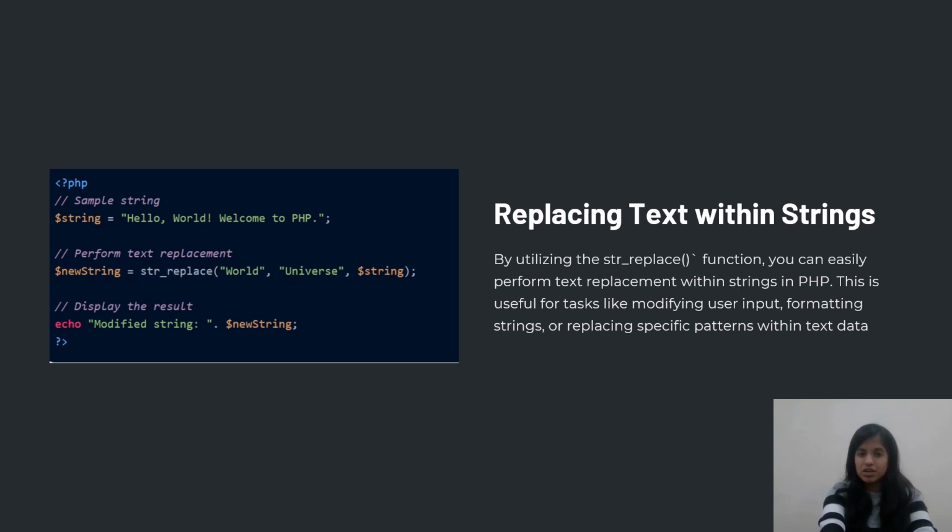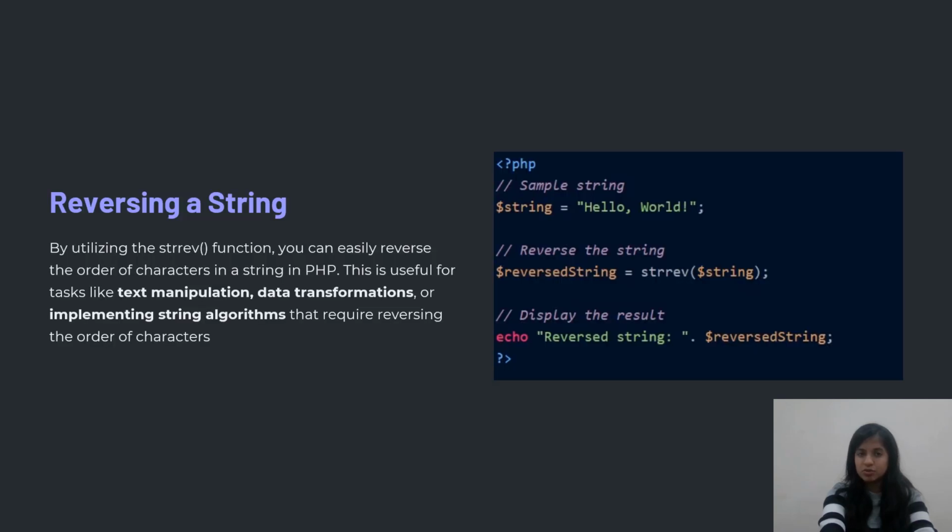I hope you are getting my points, what I want to say to you. Reversing a string. Now we want to reverse the string. There are many people who, as a very good example that I want to give to all of you, take a reversed name in their particular ID, or in the password too.